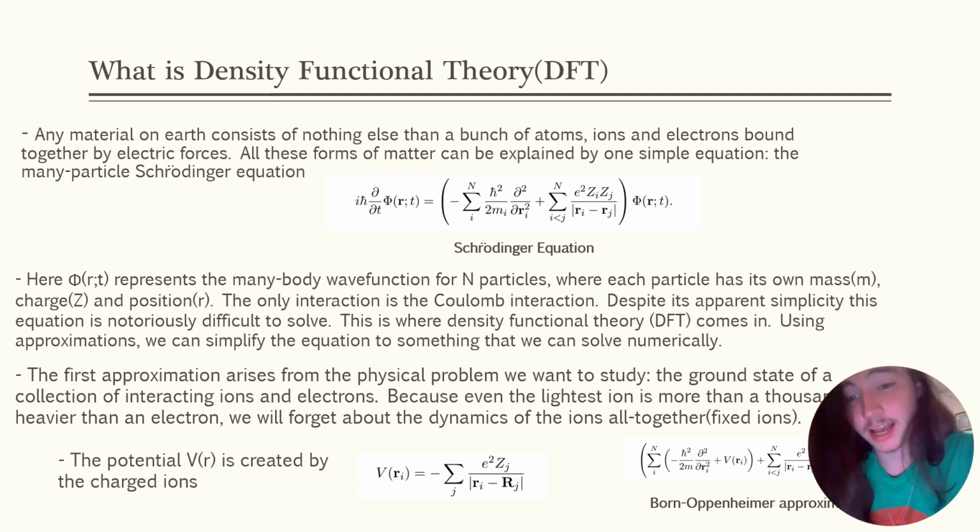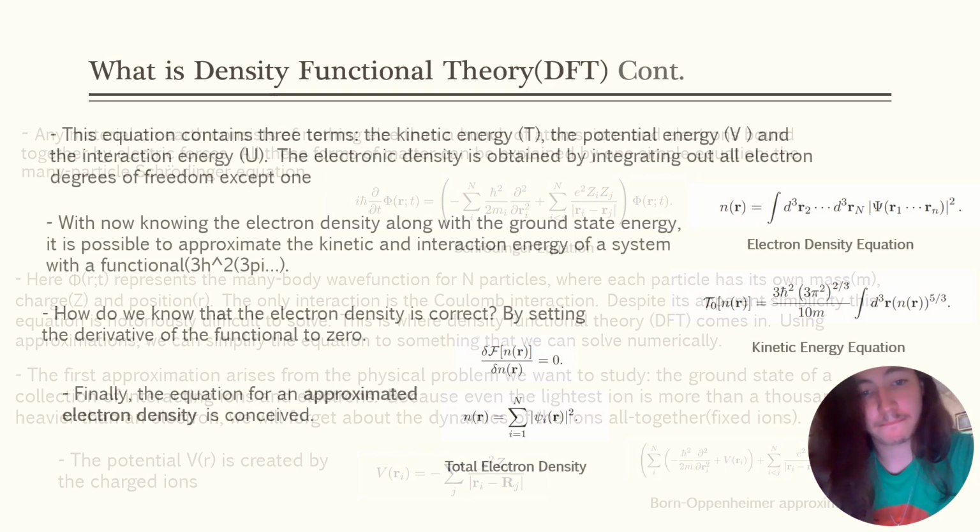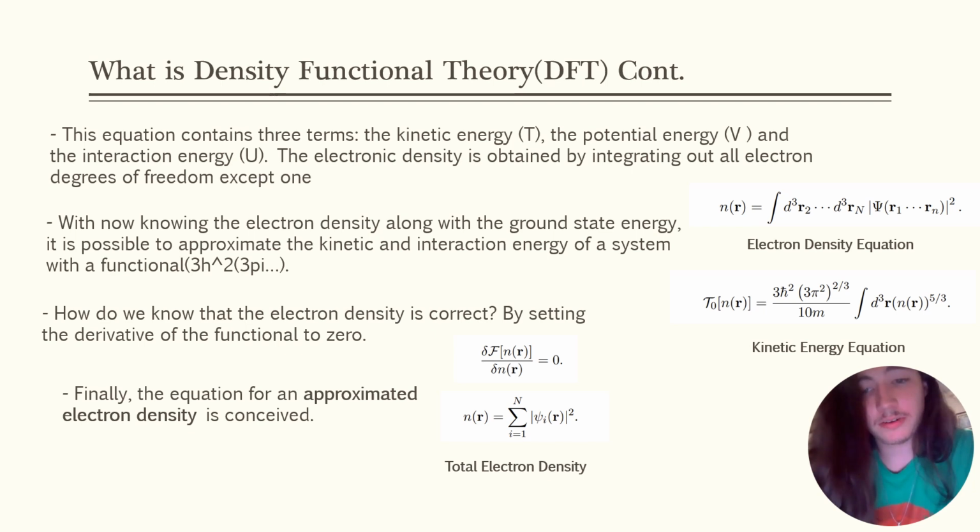But the ions still have charge, which is created by the potential of the electrons within the compound or the atom. So really the point is to get the electron density of this equation.